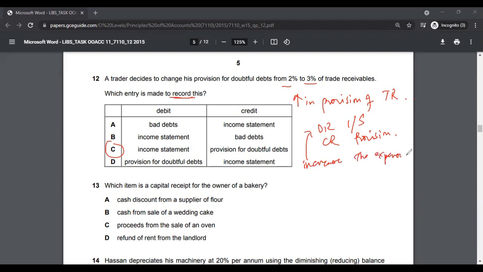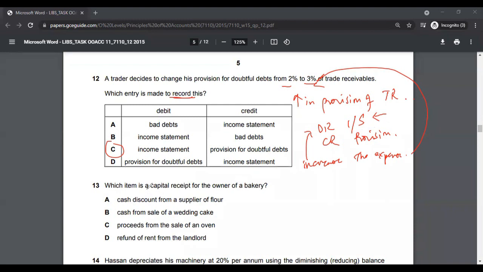From 2% to 3%, there is an increase in expense, and if you want to increase an expense, you debit. So the answer to multiple choice 12 is option C, debit income statement and credit provision for doubtful debts.